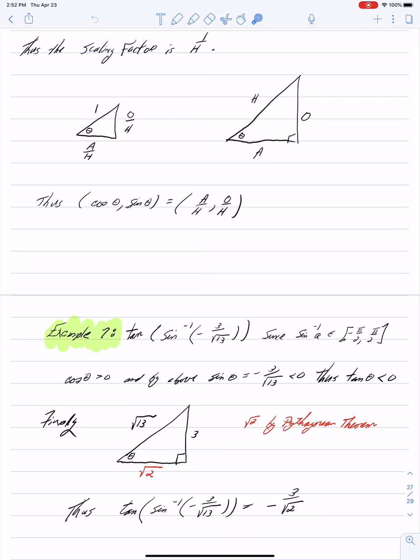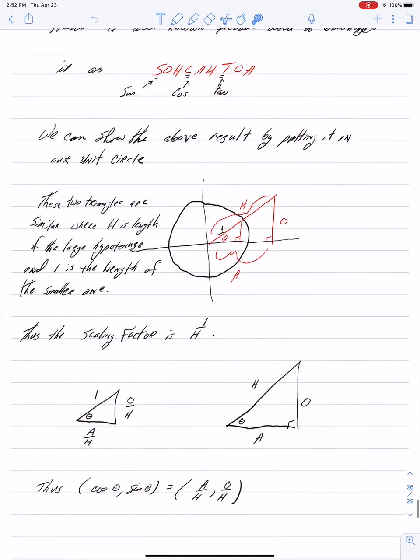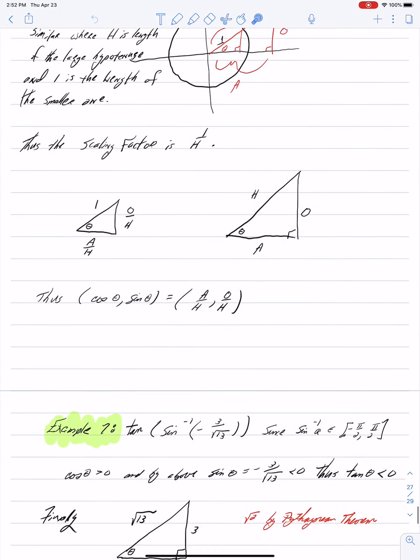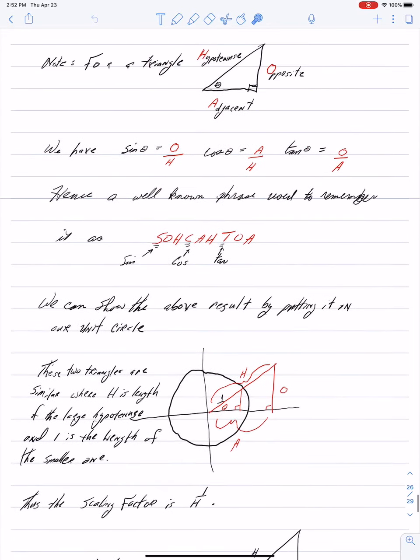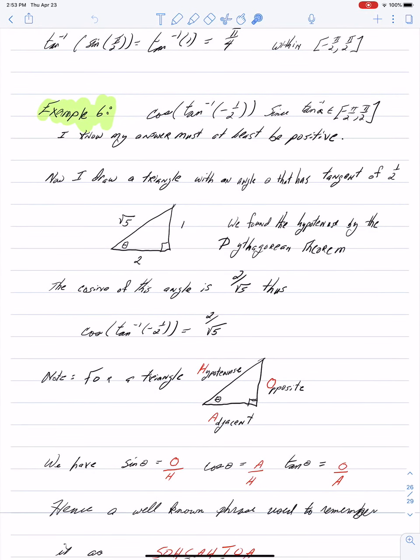Cosine theta is A divided by H, sine theta is O divided by H, and of course tangent theta, which is sine theta over cosine theta, you can easily see to be O divided by A. All right? Now let's look and see how we can apply that little thing to this problem.